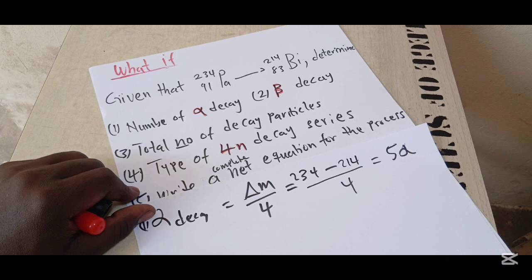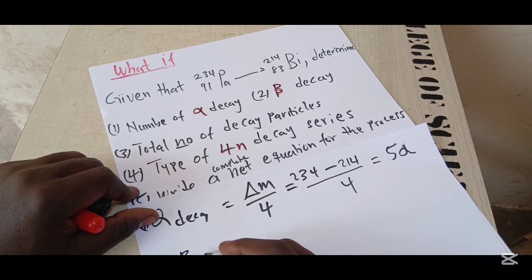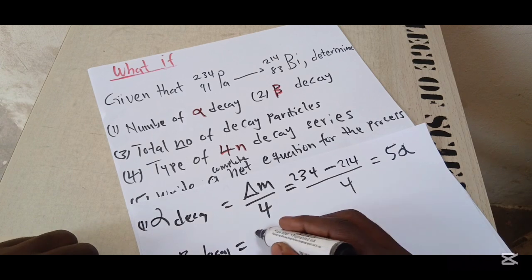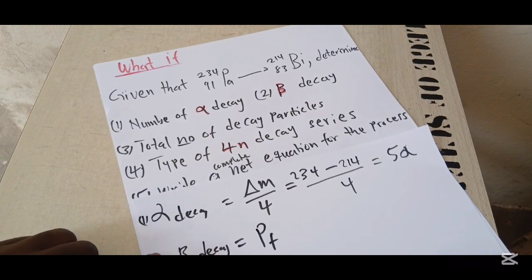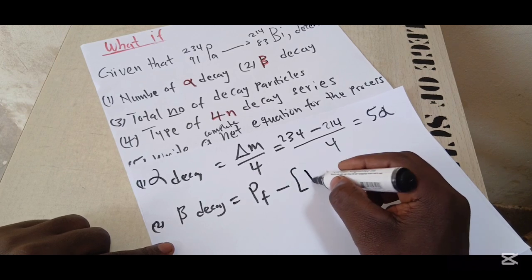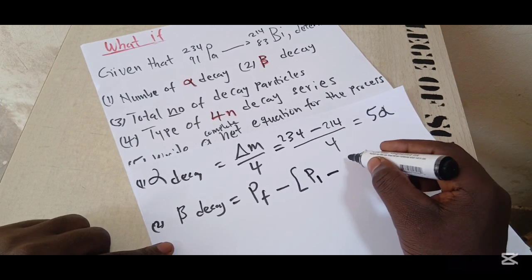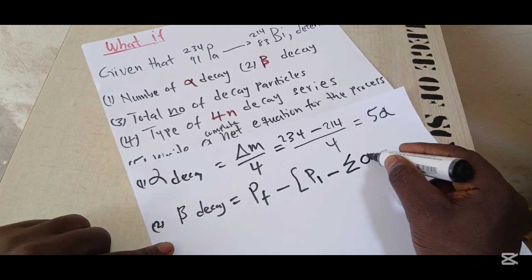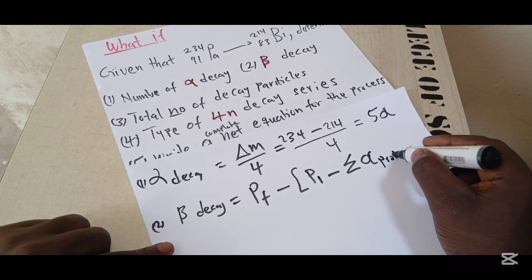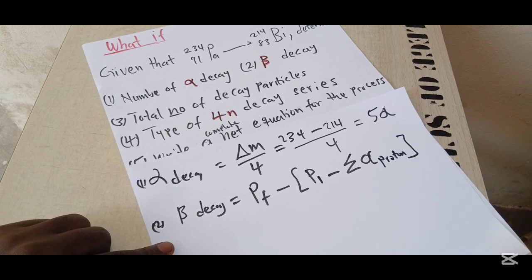Let's solve question 2, which is looking for beta decay. For beta decay, we use a formula like this: our final protons minus our initial protons minus the sum of protons in the alpha particles involved in the process.